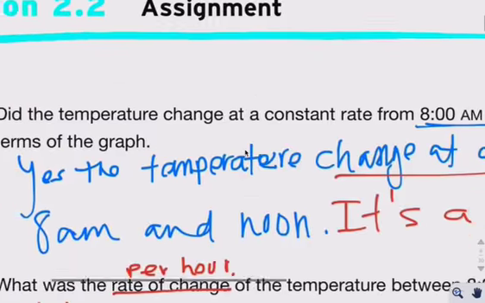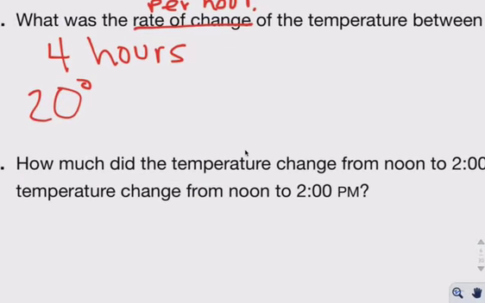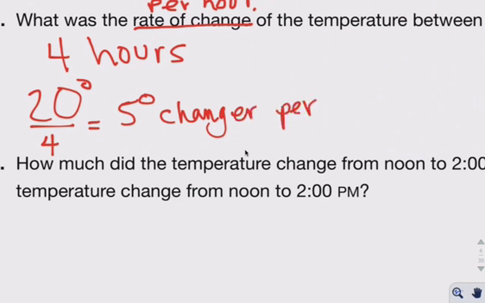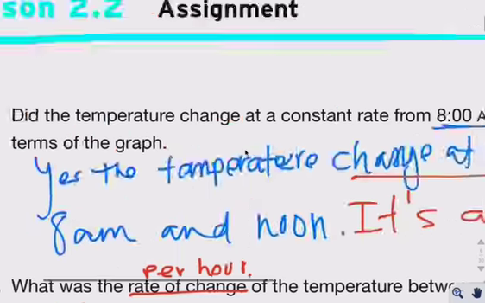So 20 degrees change in 4 hours. You divide that by 4 to find out how many degrees it changed in an hour. So it's 5 degrees change per hour.